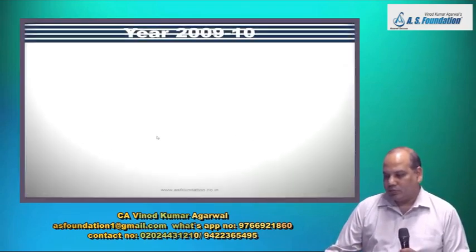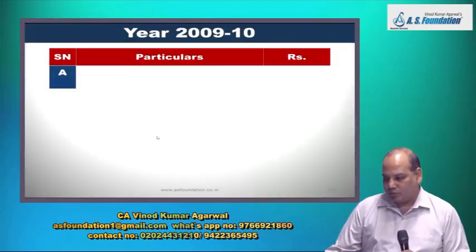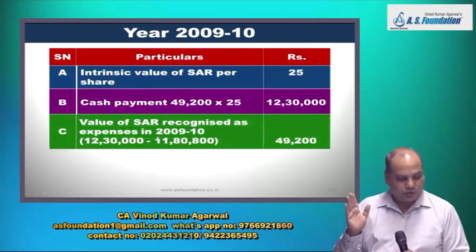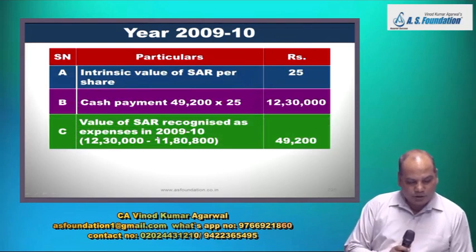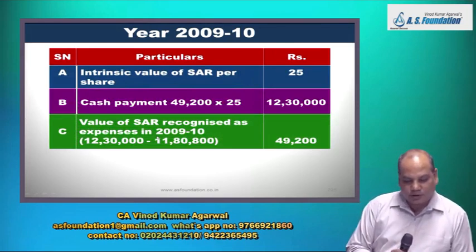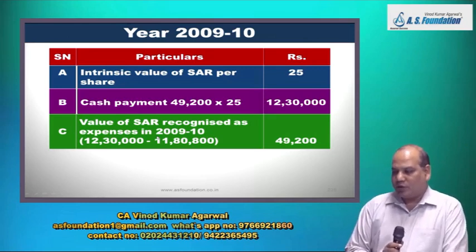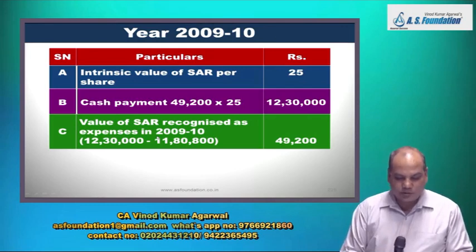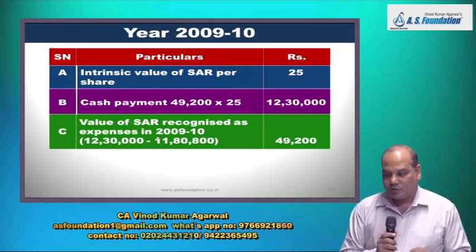Now write down one more calculation. This is for up to the first 3 years, but the option will be exercised after the third year. So what will be the expenditure to be recognized in the fourth year? When the options were to be exercised, the intrinsic value was 25 rupees per share.